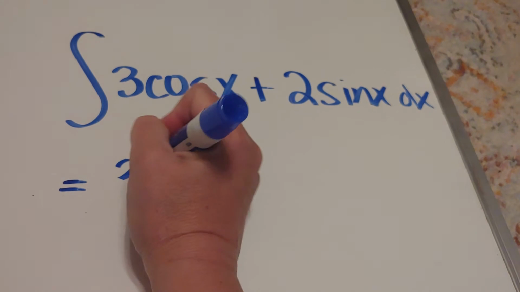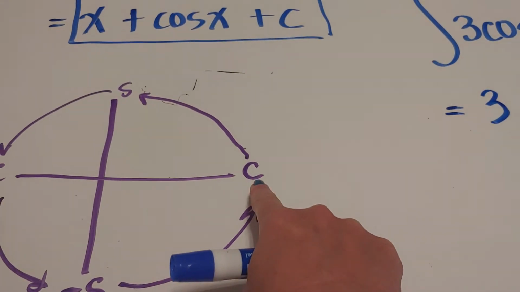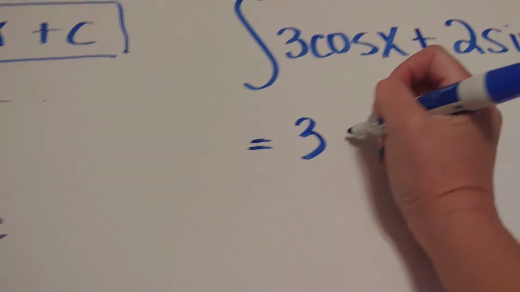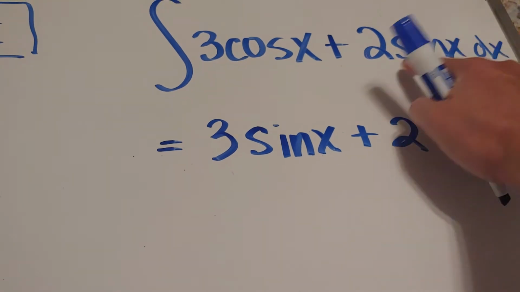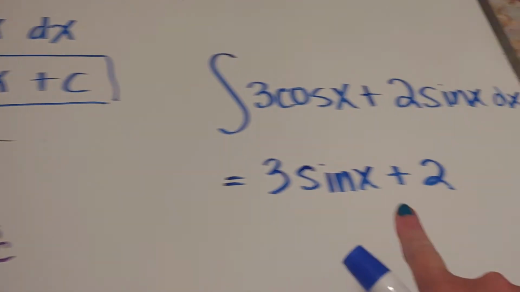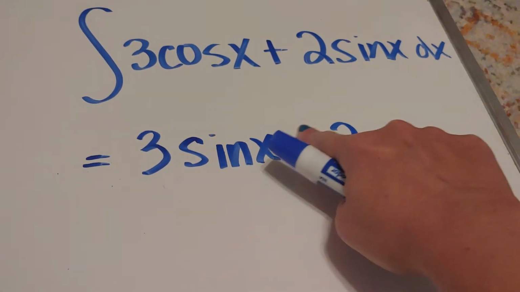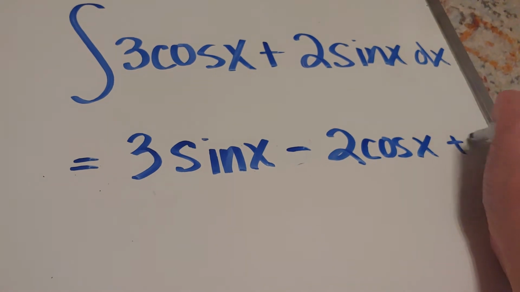The 3 comes along, I drop the symbol. Okay, cosine, let's look at our wheel. The integral of cosine, sine. The integral of sine, negative cosine. All right, so that means I need to change this symbol to a minus 2 cosine plus c.